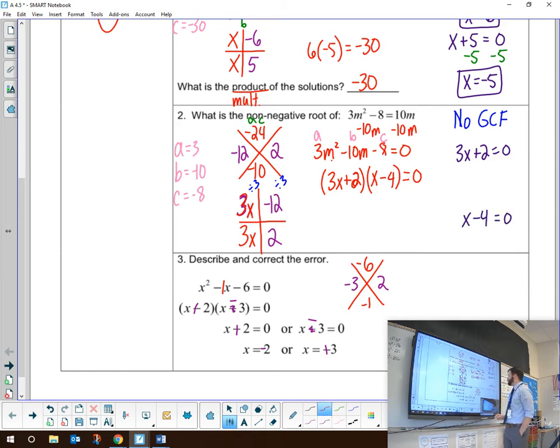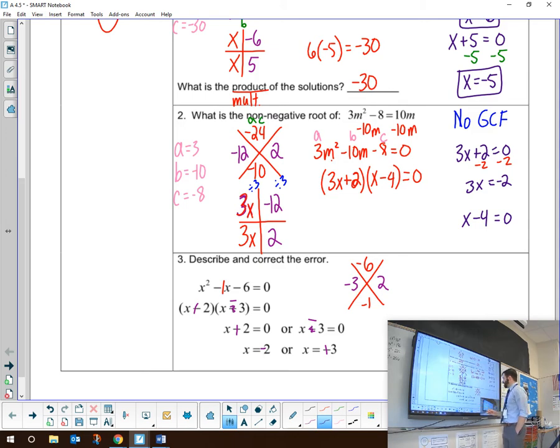Okay, my one up here. We're trying to solve for x, right? So I need to minus 2 to start, and that's going to give me 3x equals negative 2. Then lastly, we're going to divide both sides by 3. You might be thinking, Mr. Martin, that gives me a fraction. Yeah, fractions aren't bad.